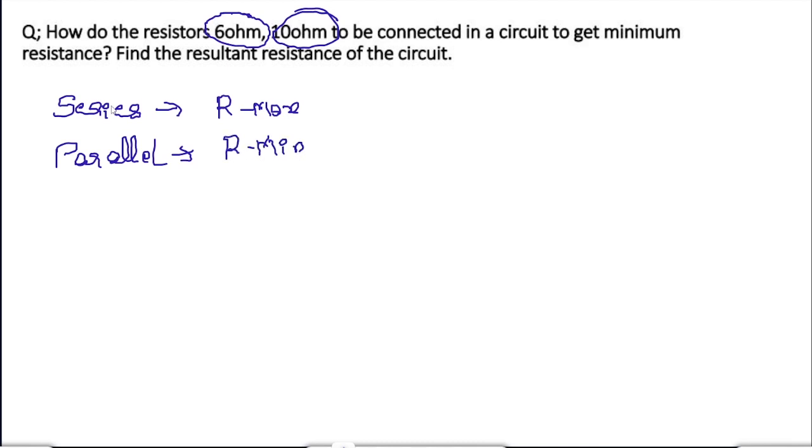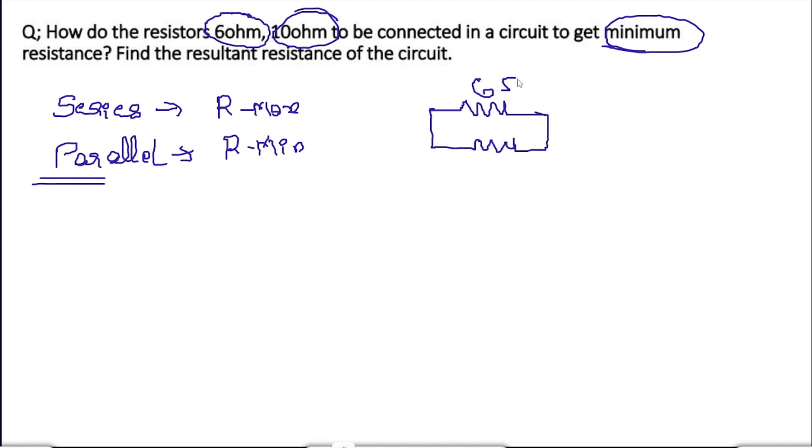So to get minimum resistance, we need to arrange the 6 ohm and 10 ohm resistors in a parallel combination. The parallel combination will look like this: this is 6 ohms and here it is 10 ohms.